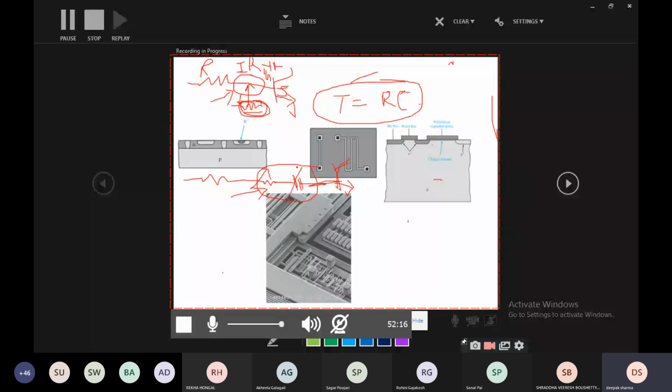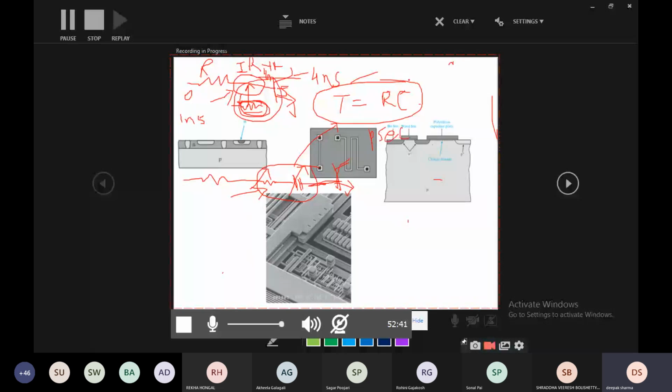Delay means, if I give a signal 0 here at 1 nanosecond, it may reach this part after 4 nanoseconds, so 3 nanoseconds is the delay. This is just an example. Basically it will be in picoseconds.